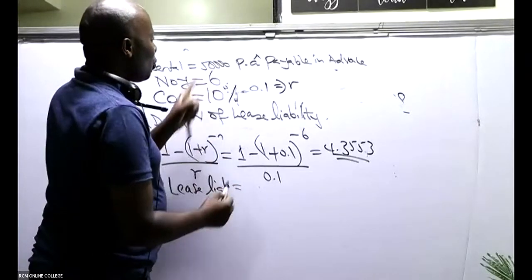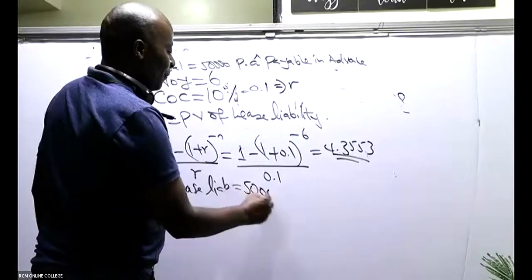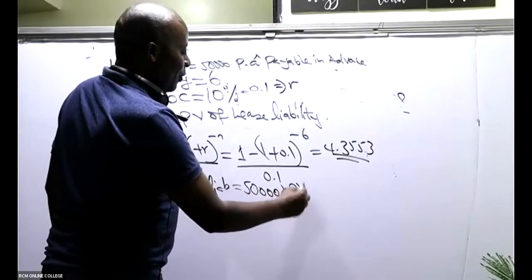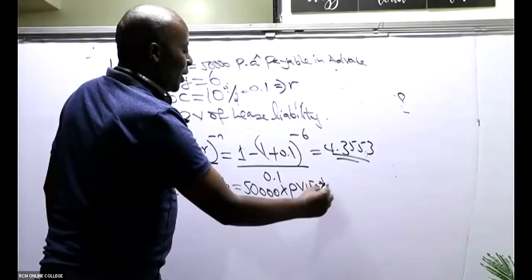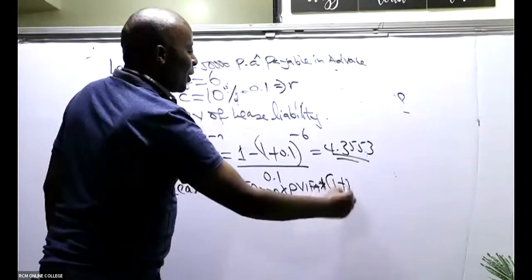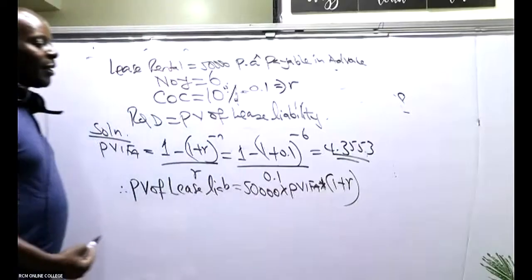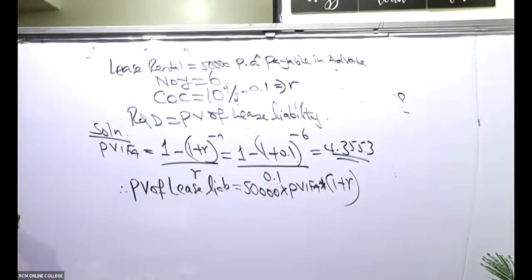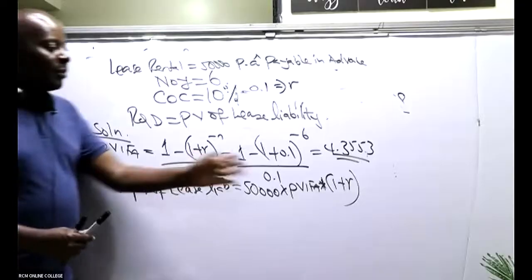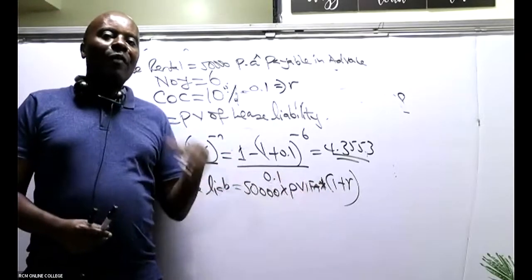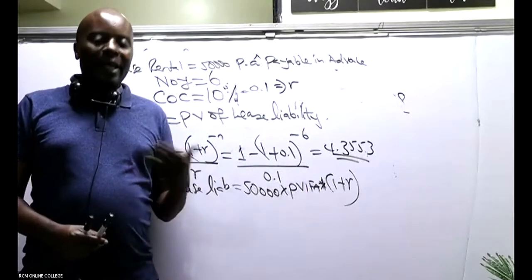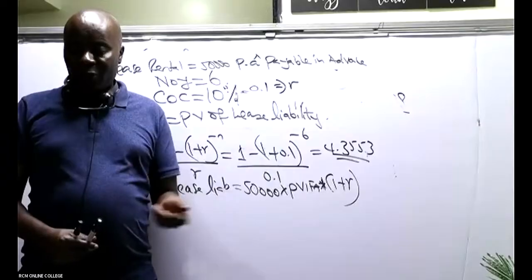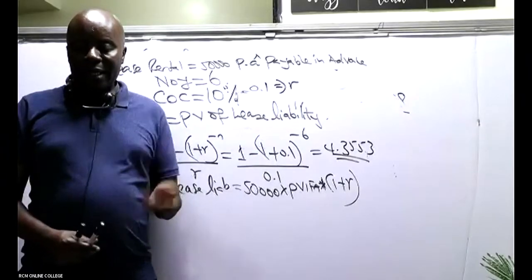And therefore, the present value of my lease liability will be this amount of 50,000, the annuity, times now the PVFA. Because in this case it's being paid in advance, we must include that 1 plus R. We only do this whenever you're told that the cash flow is being paid up front, or paid in advance.